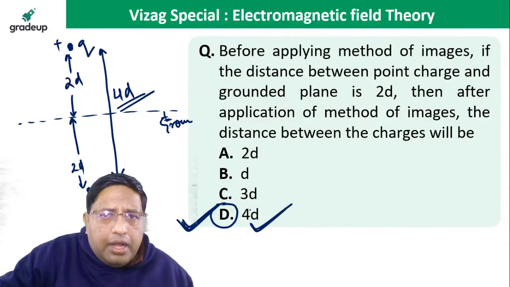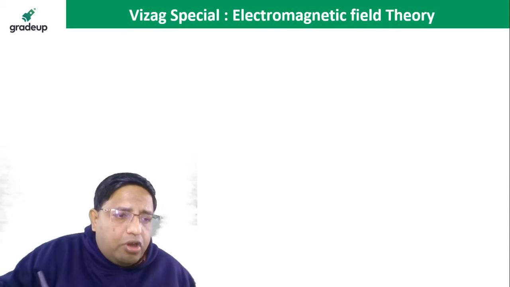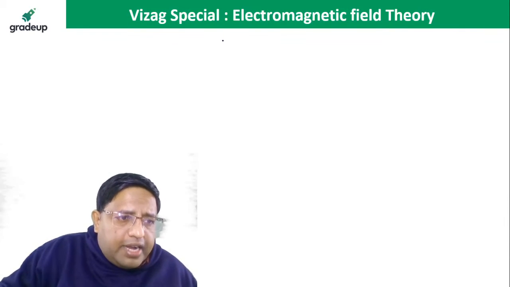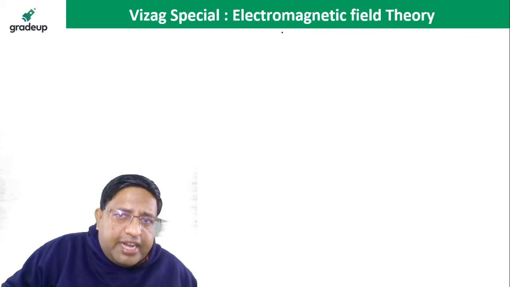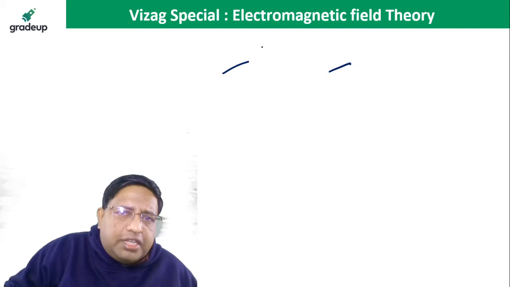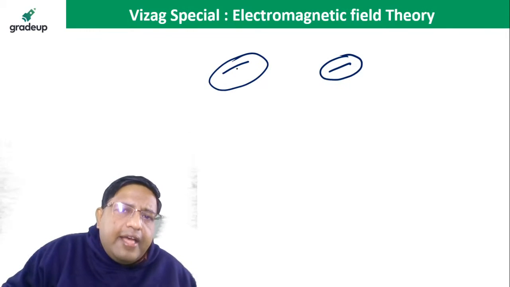So although electromagnetic field theory is not a very important subject for the Vizag Steel or any electrical competitive exam, for the above average students, electromagnetic field theory creates the difference between the rank. Most of the students say this is not a very scoring subject, but this subject creates the difference between selection and non-selection, because if 3 or 4 questions come in the exam from electromagnetic theory, they will create the difference between the above average student and the average student.